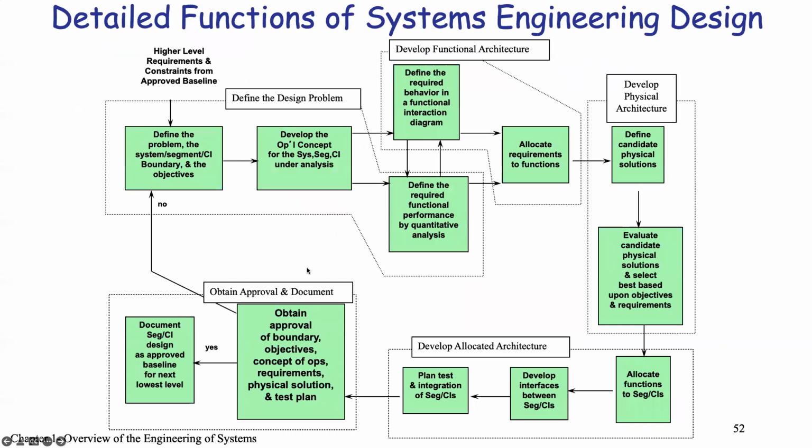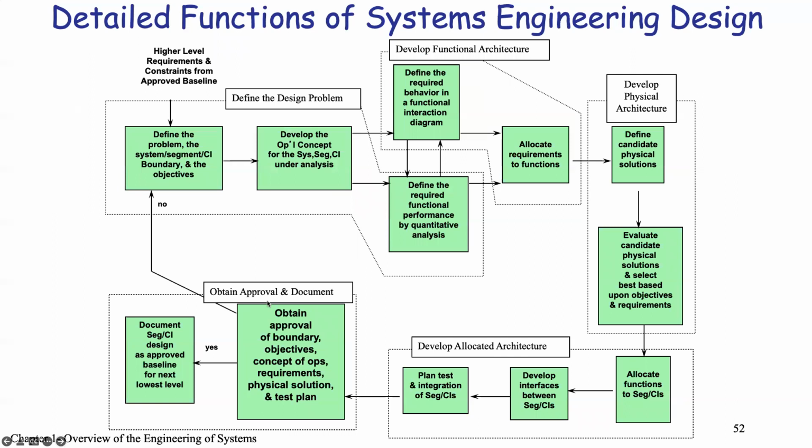Here are just a couple of more detailed diagrams that talk about the detailed functions of a system engineering design. You have the design problem. And so we're going to walk that: develop the functional architecture, develop the physical architecture, develop the allocated architecture, and obtain approval and documentation.